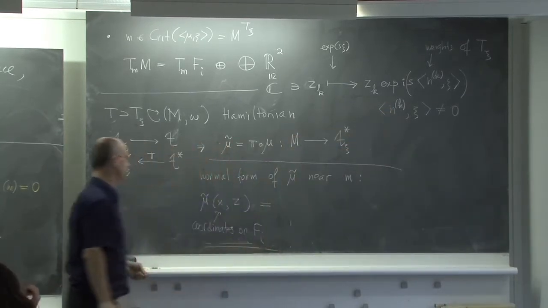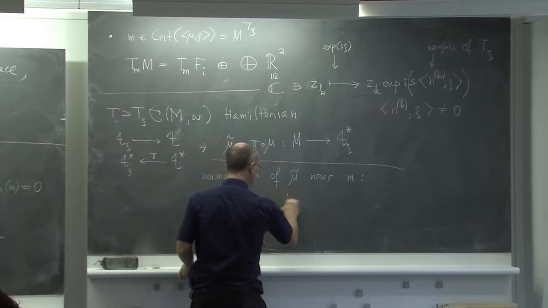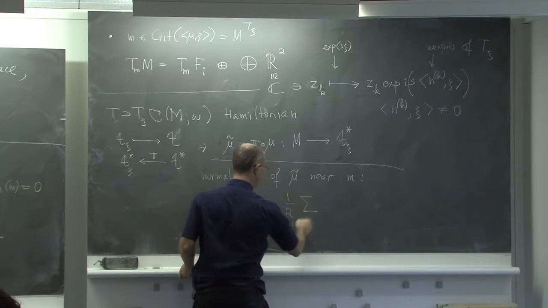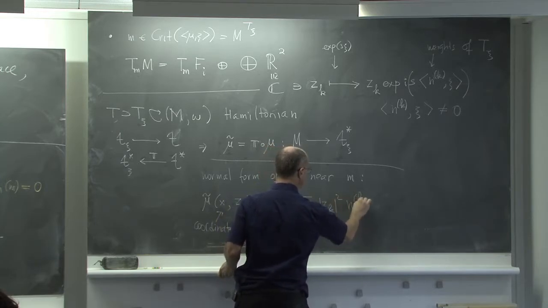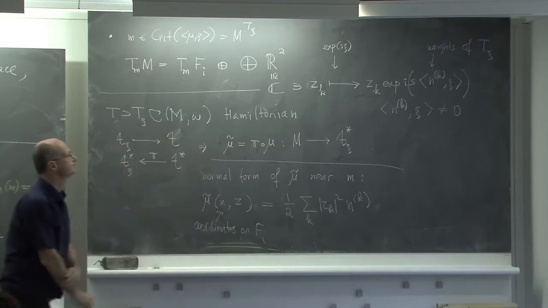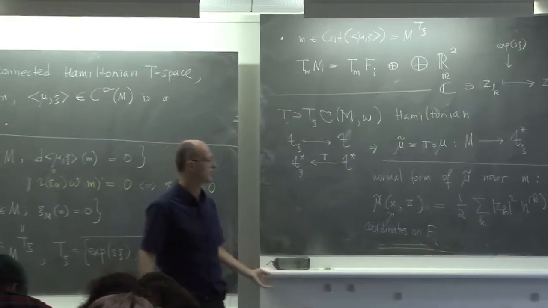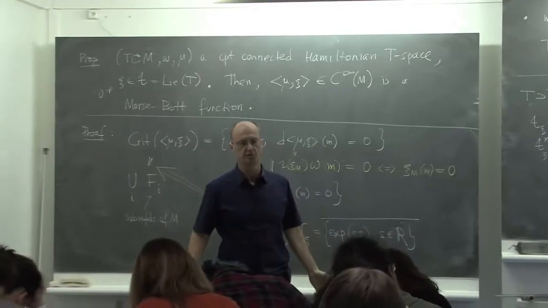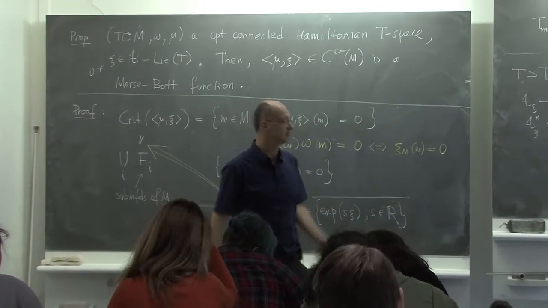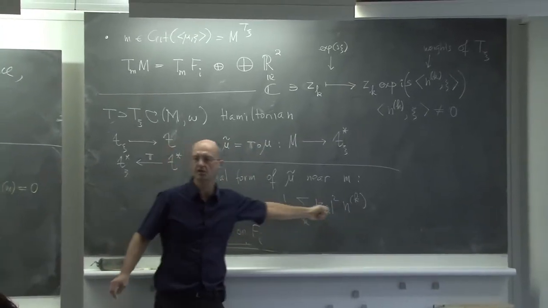The expression for the normal form was something like this, unless I'm mistaken: the sum over k of zk squared times nk. Last time it was a somewhat painful consideration, but the beginning was maybe not so bad, and so that was the outcome.